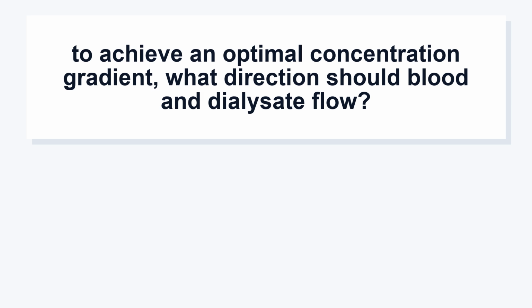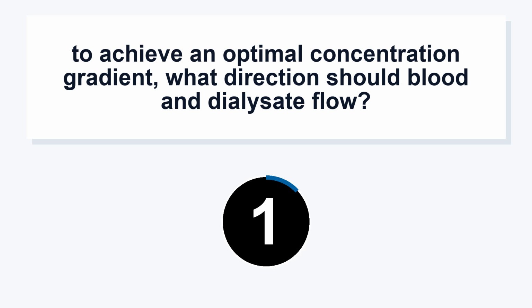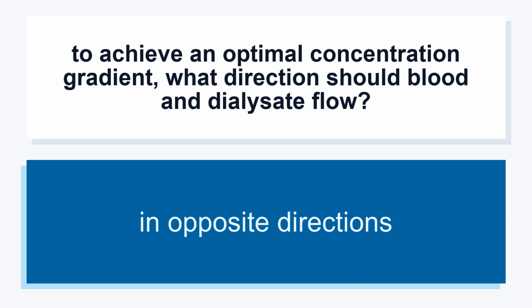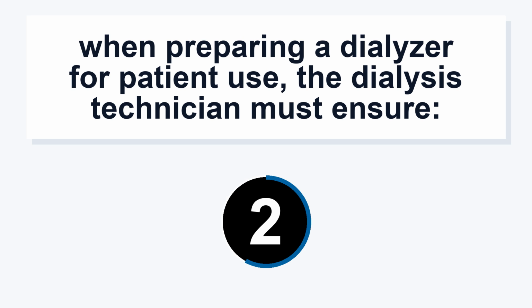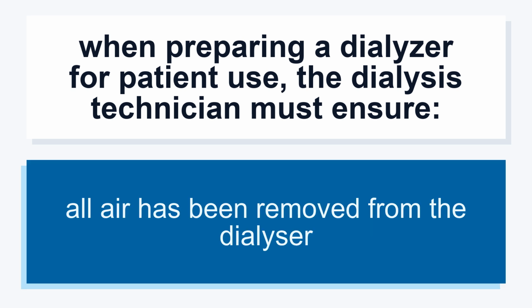To achieve an optimal concentration gradient, what direction should blood and dialysate flow? In opposite directions. When preparing a dialyzer for patient use, the dialysis technician must ensure all air has been removed from the dialyzer.